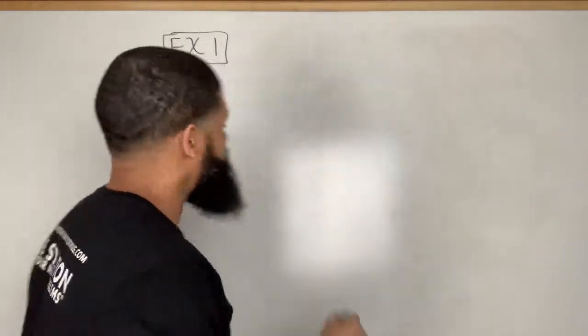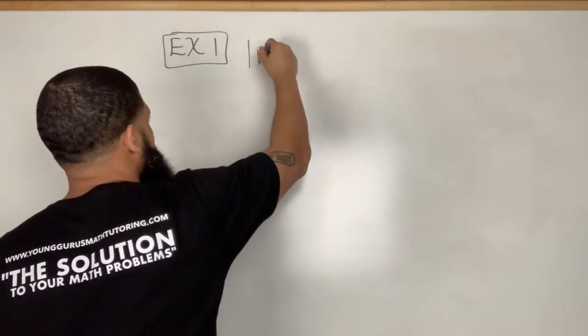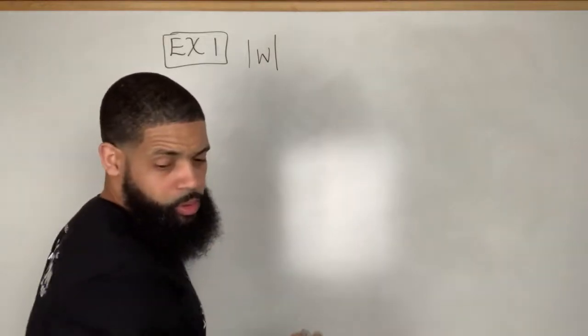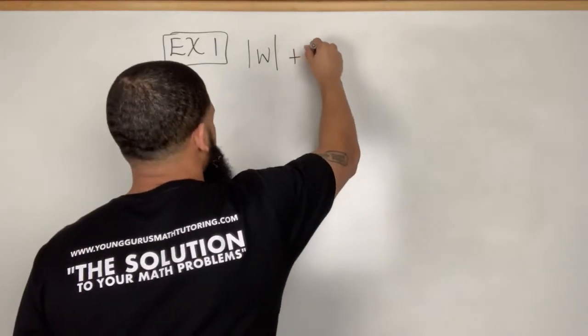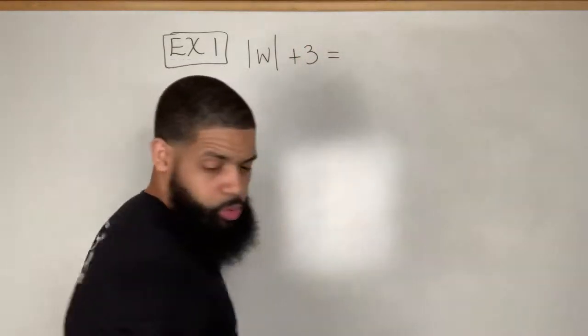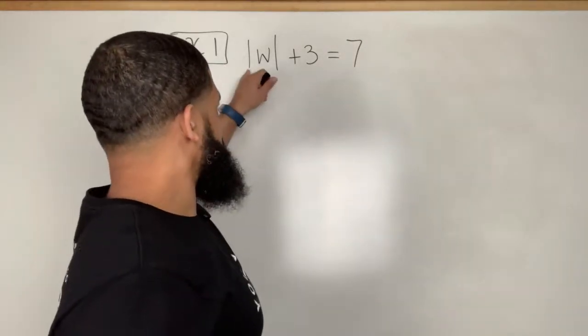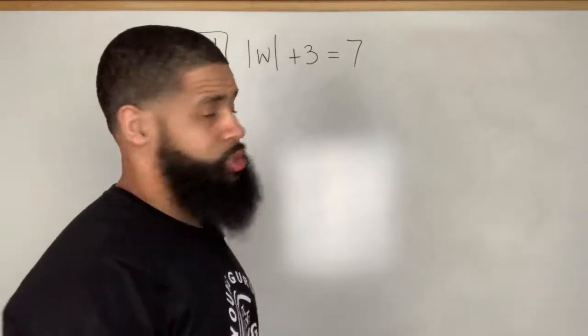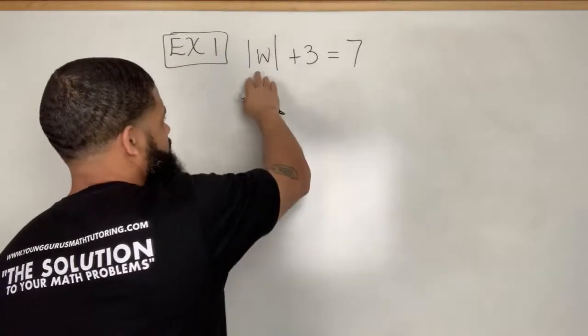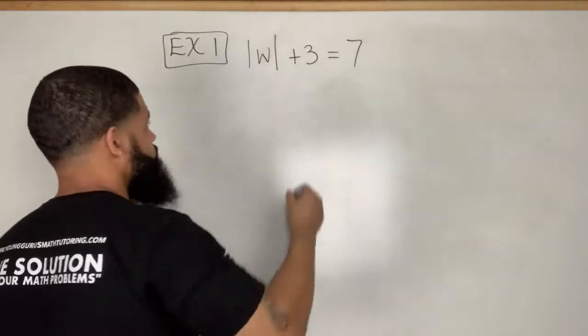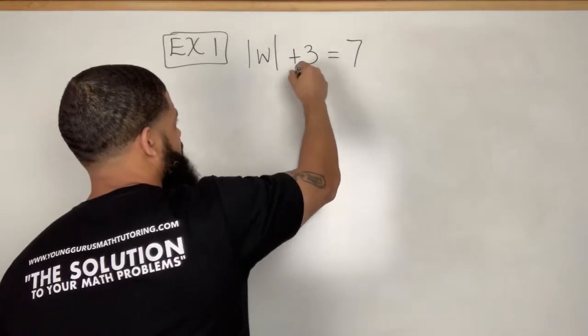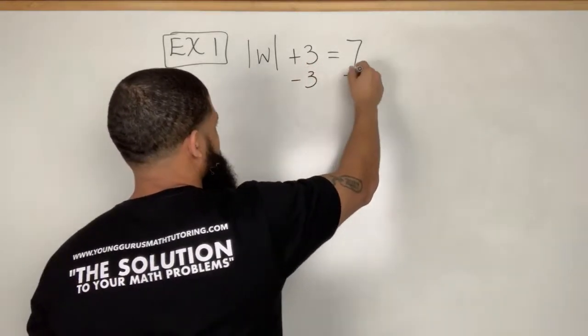So watch this example. So I have the absolute value of W plus tree, as I like to call it, equals 7. Okay? So these are the absolute value symbols in case you're not familiar with those. So I need to get this W by itself in the absolute value symbol. The opposite of adding tree is subtracting tree.